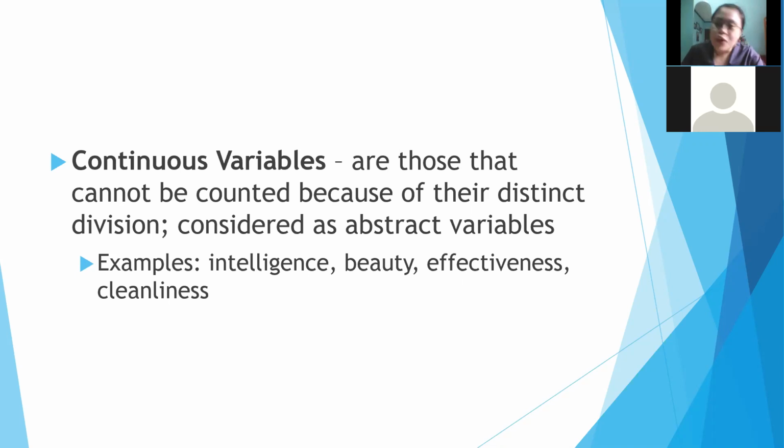Beauty also, though we can describe it, we cannot count it. We cannot give values to them. And then effectiveness or cleanliness. With cleanliness, we can just say yes or no, it is clean or it is not. There is a distinct division, but we cannot count. That's continuous variables. I hope that is clear.